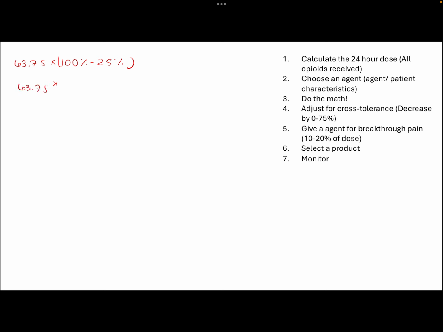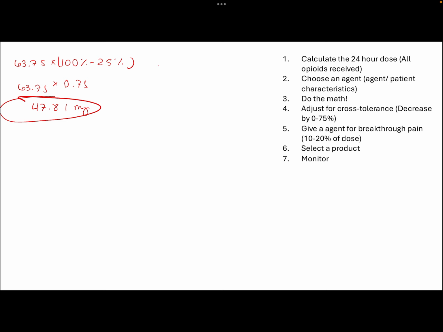It's not really a 75% reduction, it's 75% of this dose. So times 0.75 or 75%. Let's put it in our calculator, 63.75 times 0.75. That gives me 47.81 milligrams. So this would be our new total daily dose. So with this only reduction of 25%, we can see how this is a higher dose.